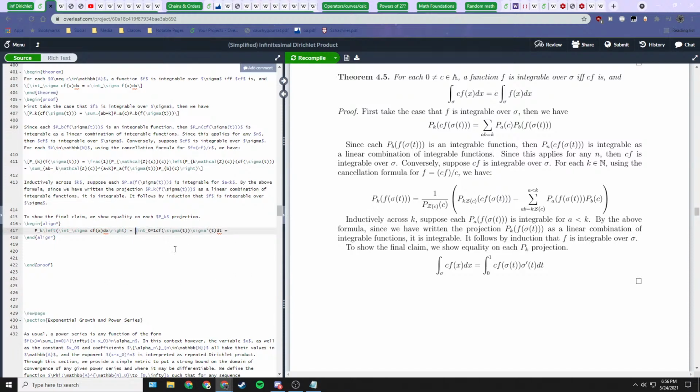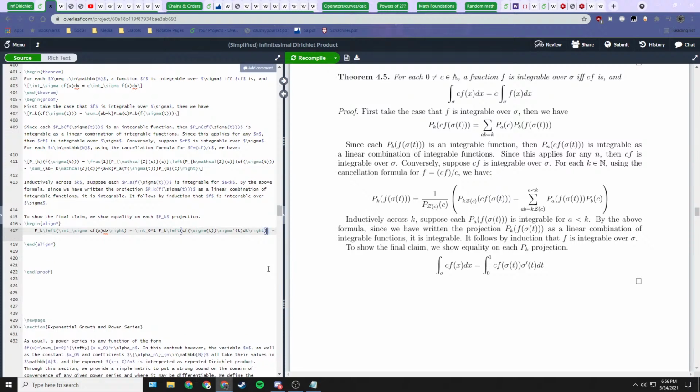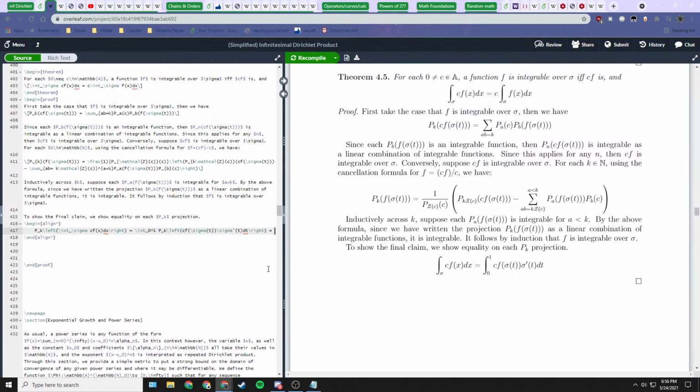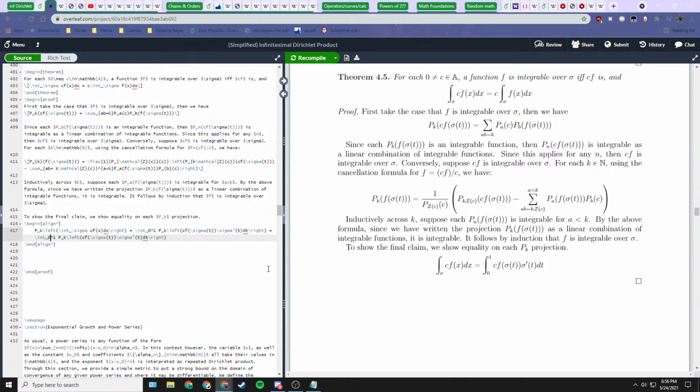So once we do this, we can then pull this in, p sum k, and once we've done that, we can use the definition of Dirichlet product. So we'll have the sum over AB equaling K. Our first projection will be A with C, and our next projection will be B with F sigma t times sigma prime of t.